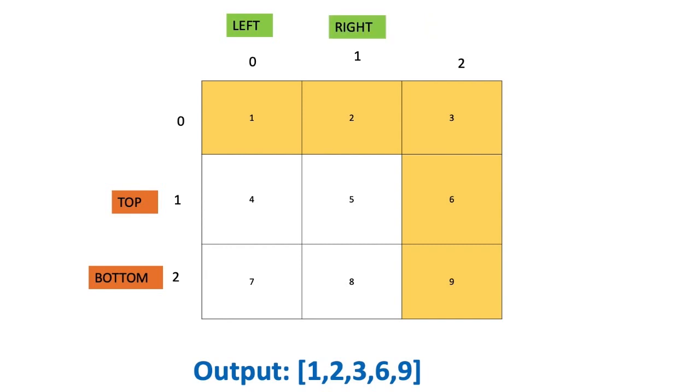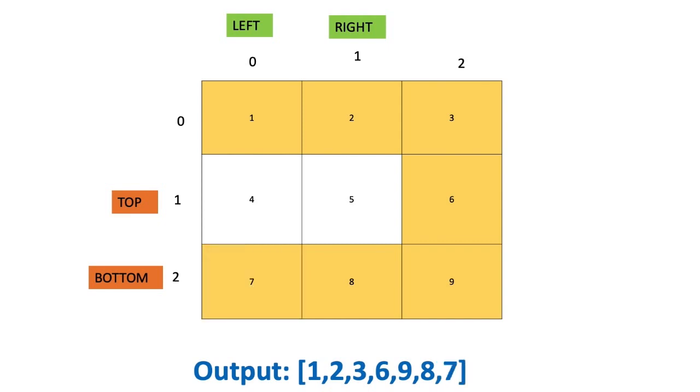Now we will check if the top pointer is less than or equal to the bottom pointer. That means that we still have more elements to traverse. So if that condition is satisfied, we will traverse to the left. We will traverse to the element 8, then to the element 7.